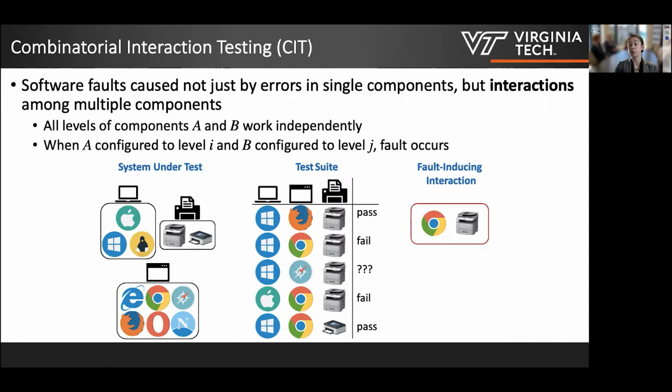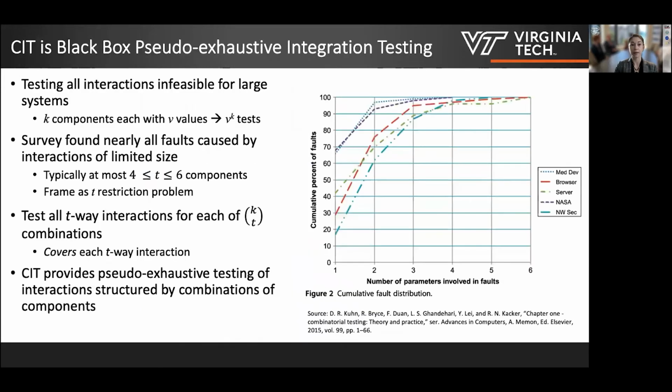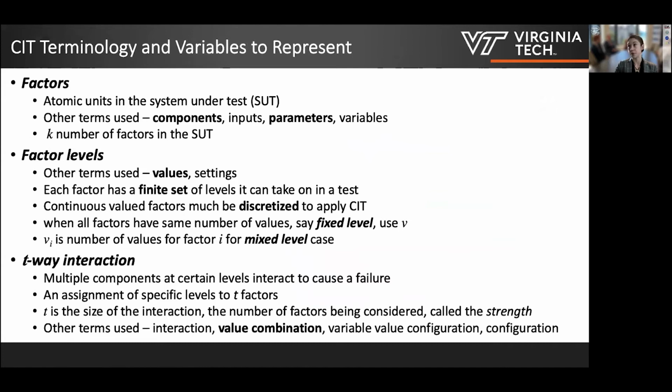It's not decomposable at the system under test that we're considering here for integration. Other terms used for factors are components, inputs, parameters, or variables. Depending on the paper or the group that's discussing it, they might use any of these terms, and they all mean the same thing that I've defined as factors. We use the variable K to discuss the number of factors in the system under test, typically.